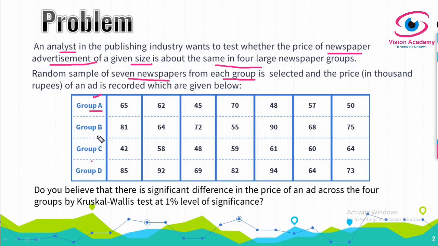A random sample of 7 is selected and the price of an ad is recorded, which is given in this tabulation.